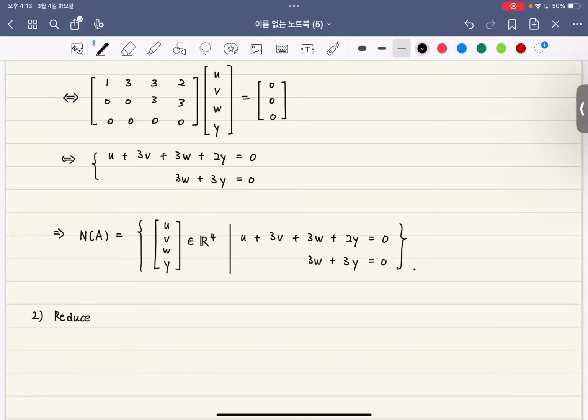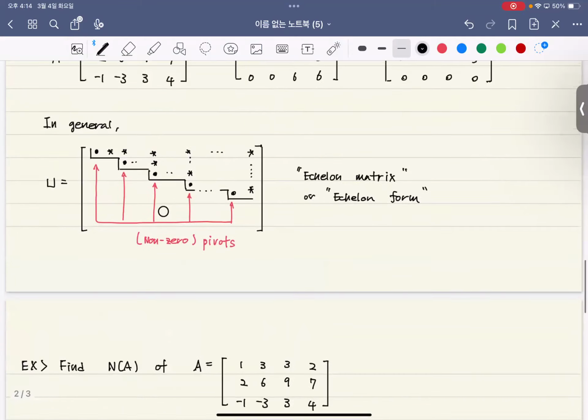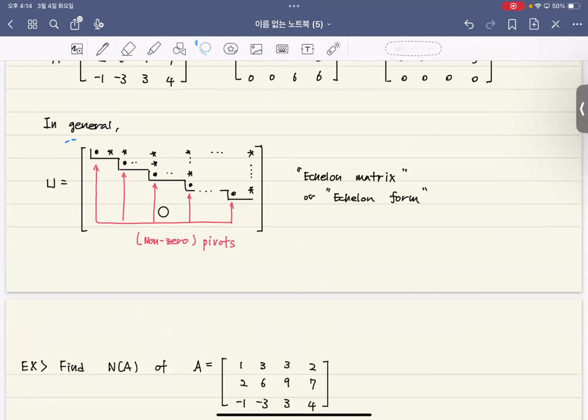Reduced row echelon form. So what is a reduced row echelon form? In order to get the reduced row echelon form, we will need to begin from the echelon matrix.